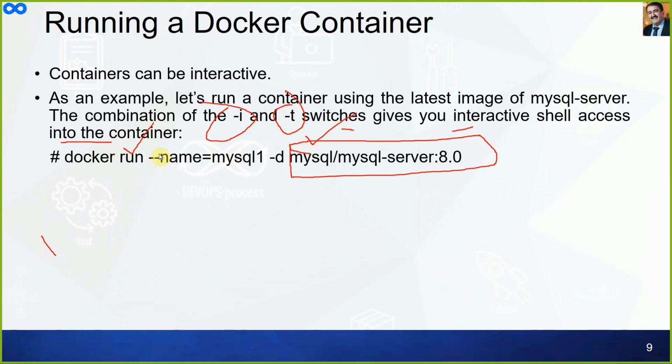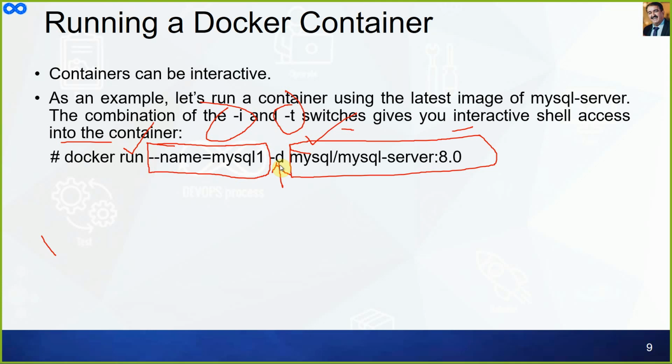So docker run, and the name of my container will be mysql1, and -d means detached mode. Generally people call it daemon also, but the right word is detached. Detached and attached, what is the meaning? If you don't use this -d, it will take this terminal and will not leave the terminal, which means you will not get the shell prompt back as long as the container is running. You need to press Ctrl+C or terminate the container, then it will give the terminal back to you.